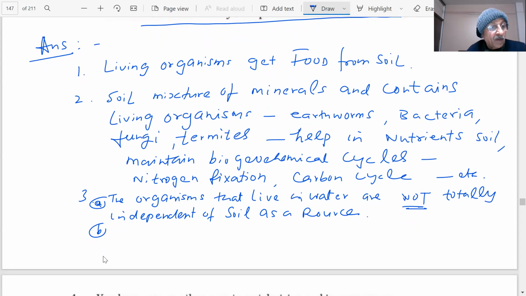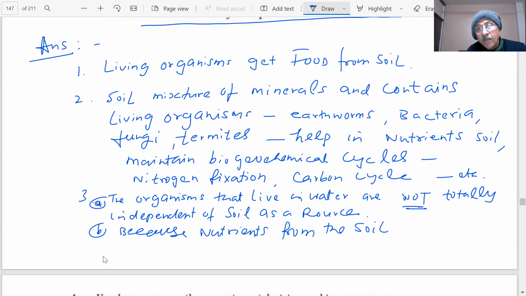Because, sir, soil has trees which help in various biogeochemical cycles. Because nutrients from the soil flow into water.